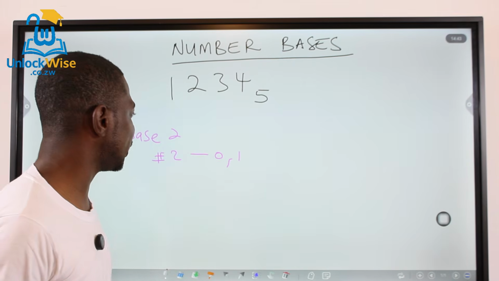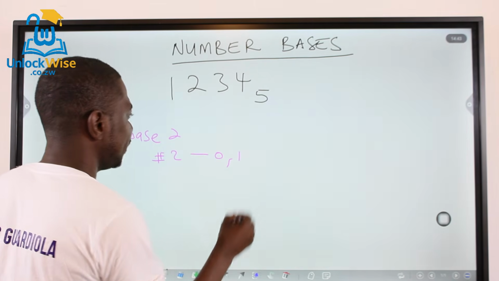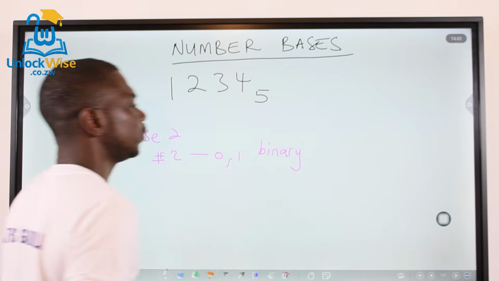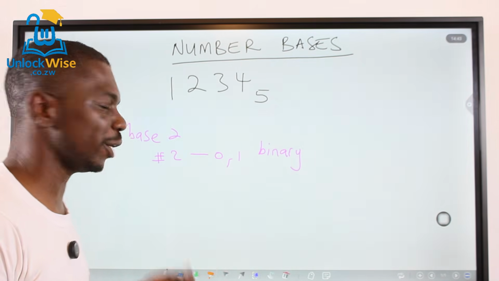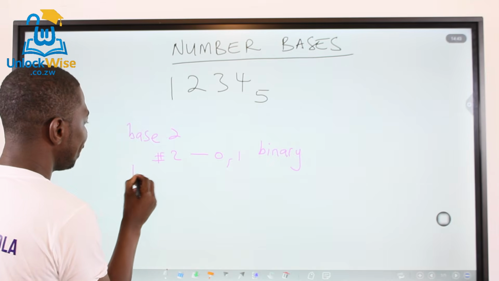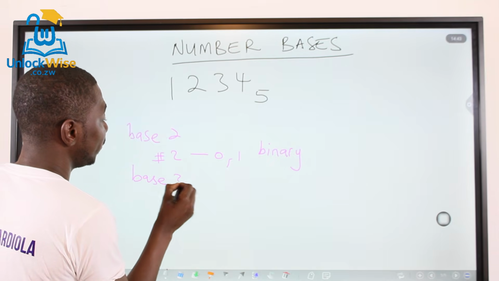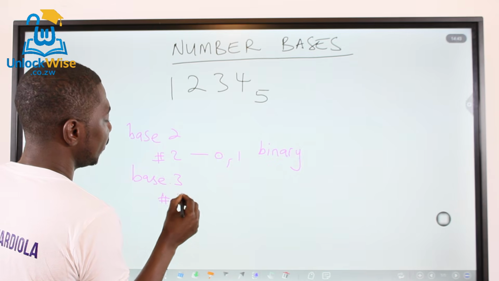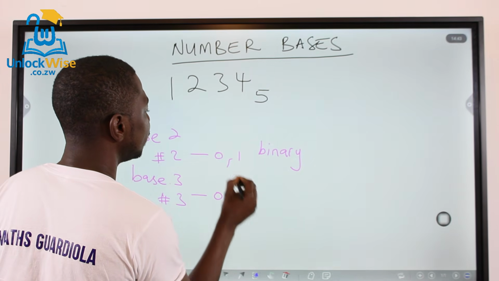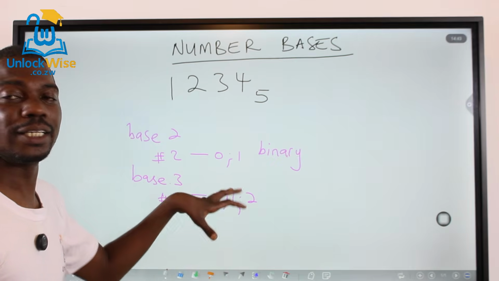To those who do computers, you know this. We call this binary. We have two numbers, 0 and 1, on and off. Okay. In base 3, three numbers, 0, 1, 2. We don't have 3 in this.